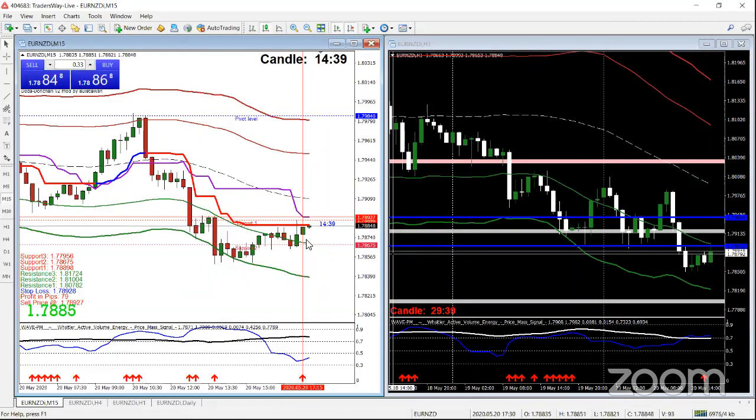So even if it goes back and forth during this candle, even goes up a little bit, it's still not considered closed above it. So what I'm saying is the sell trade is still open. It's just that I made my stop loss too tight.